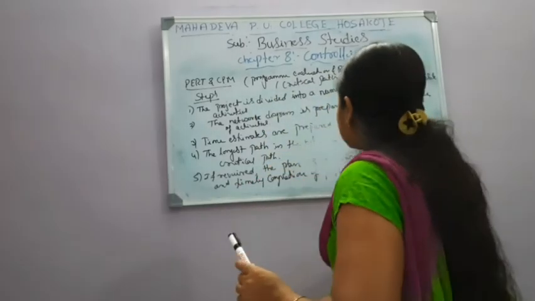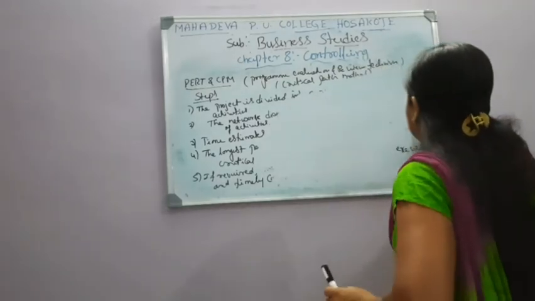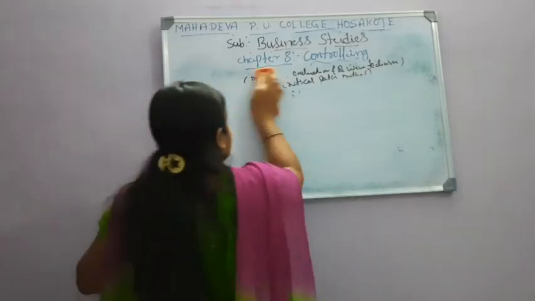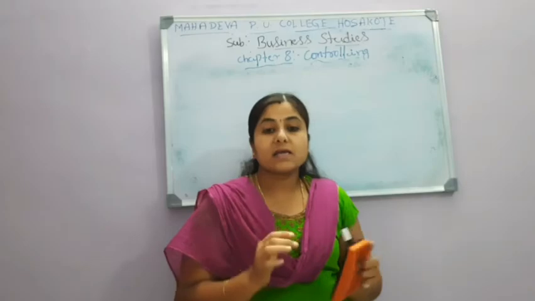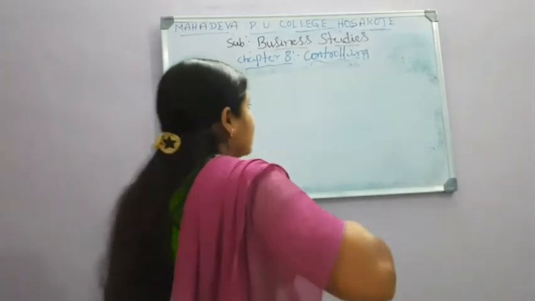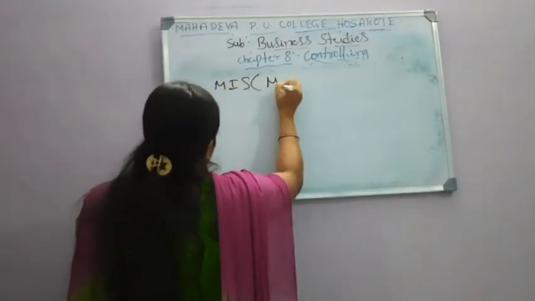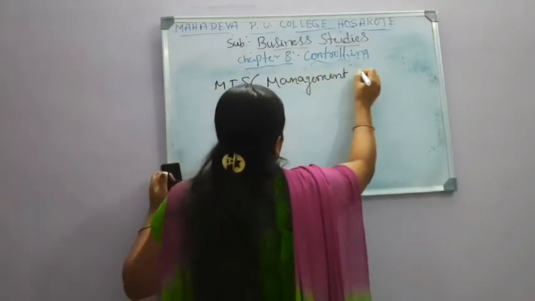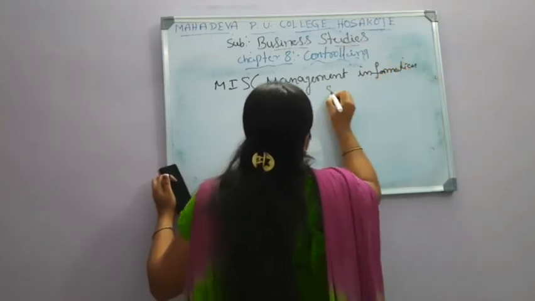Okay, the next concept is MIS. Next one is management information system. This is another concept, MIS, management information system.